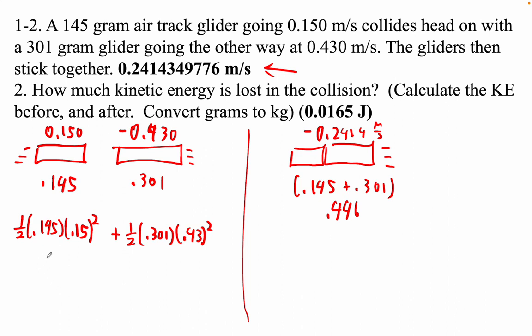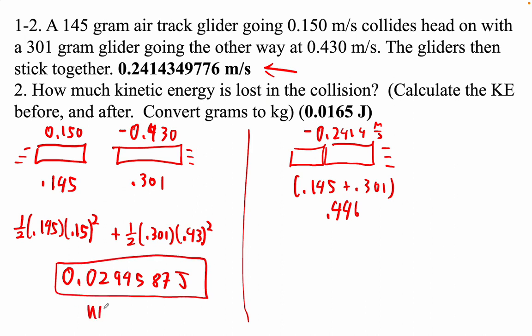I'm just going to do that in one swell whoop. 0.5 times 0.145 times 0.15 squared plus 0.5 times 0.301 times 0.43 squared. So this is our kinetic energy before, not a lot of energy, 0.29457 joules. So that's the KE before, right?